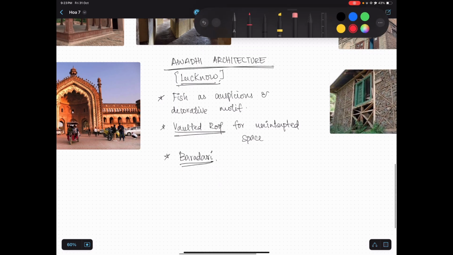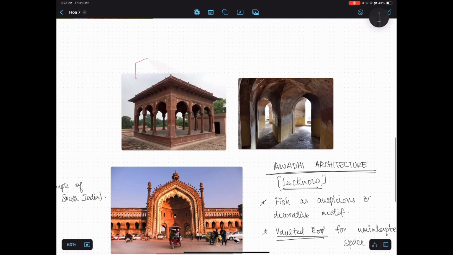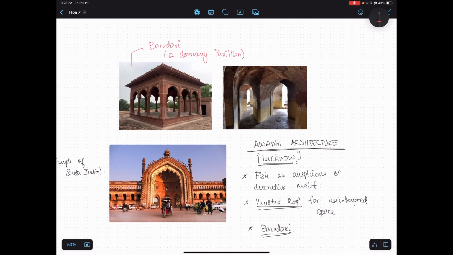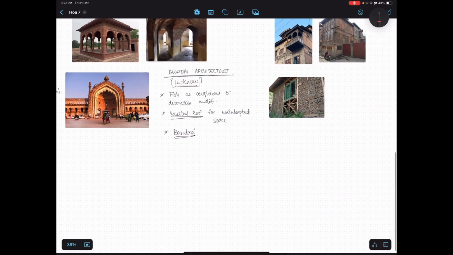This is a baradari, a 12-doorway pavilion that was introduced in the Awadhi architecture era. You can see 1, 2, 3 on all four sides. So this is a baradari.